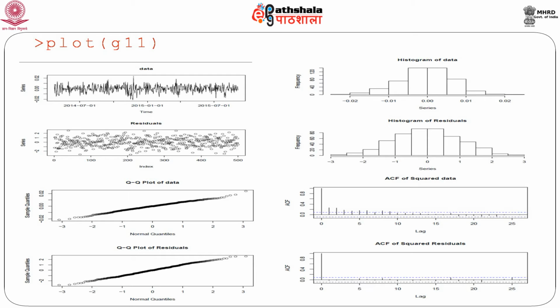Next it will generate a QQ plot. The QQ plot also shows a fair fit of the normal distribution, so there is no issue. Then the ACF of squared data and the ACF of squared residuals are provided. These are the 4 diagnostic plots that can be generated from the GARCH object of the tseries function.